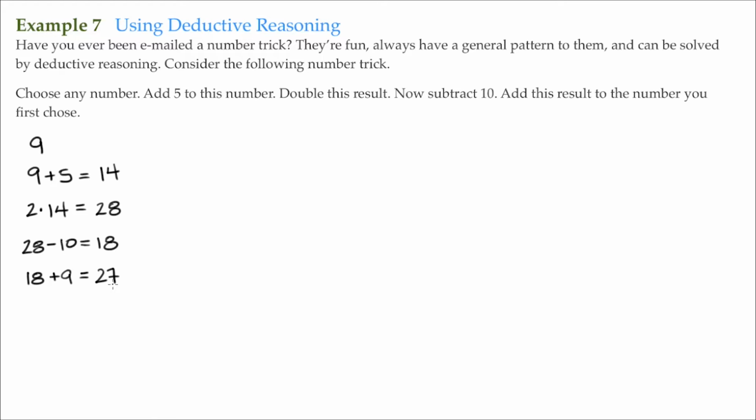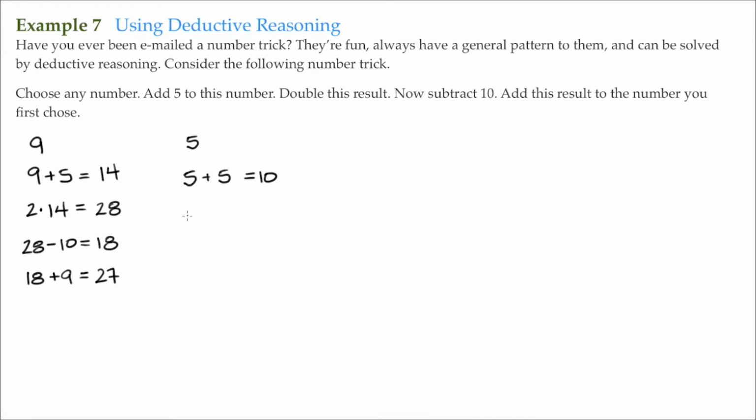So I'm going to try it again. You could pick any number, but since I'm trying to see something that starts to generate, I'm going to keep it simple. There's no need to get elaborate or exotic with it. So I'm going to try maybe 5. Choose a number 5, add 5 to this amount. 5 plus 5, that gives us 10.